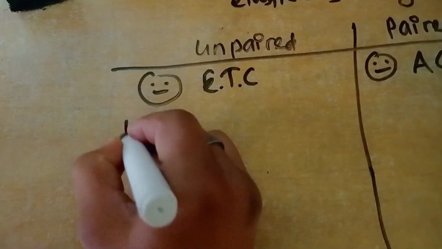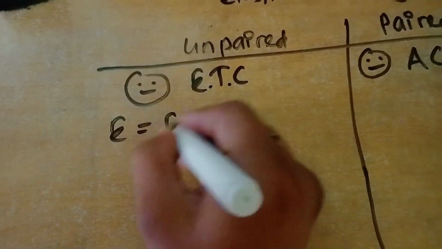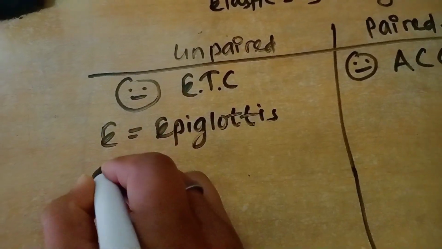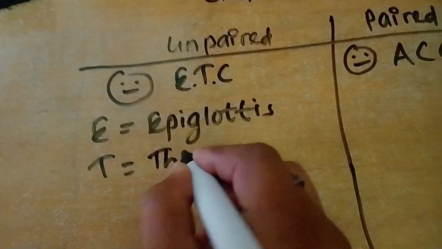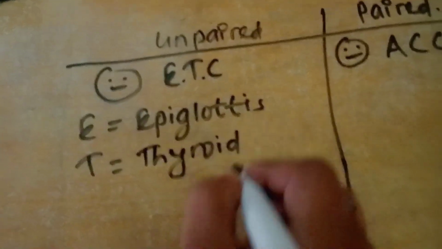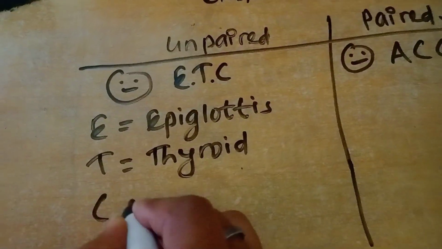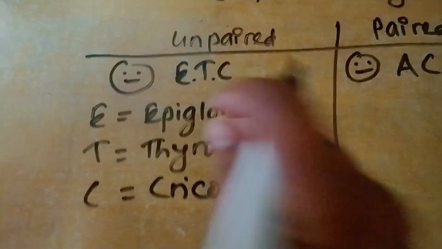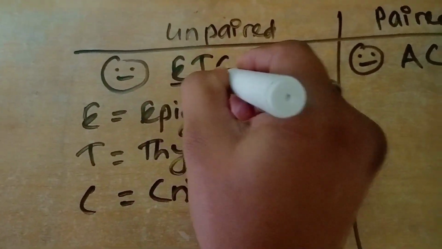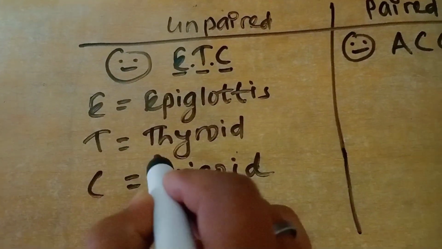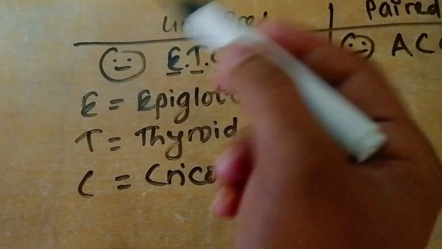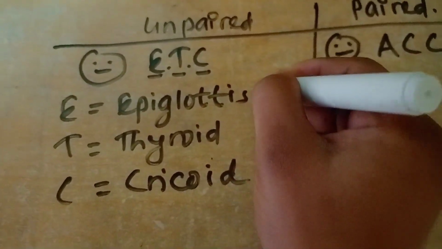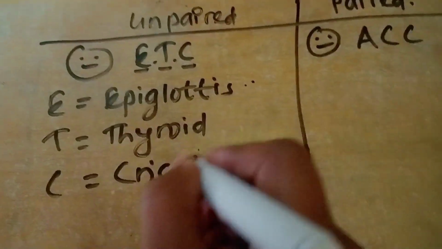So E means epiglottis, T means thyroid, C means cricoid. ETC. These 3 are unpaired cartilage, present as single: epiglottis 1, thyroid 1 and cricoid 1.